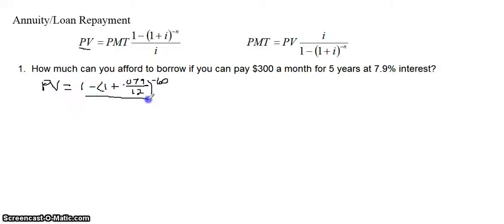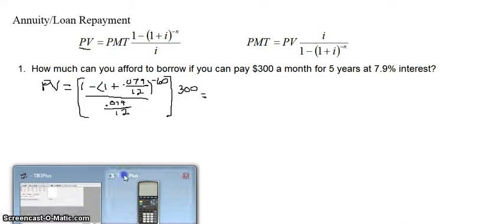And all of that over I, and then times, and I should have put this in front, but that's okay, your monthly payment. Whatever that comes out to be is the amount we can afford to borrow.